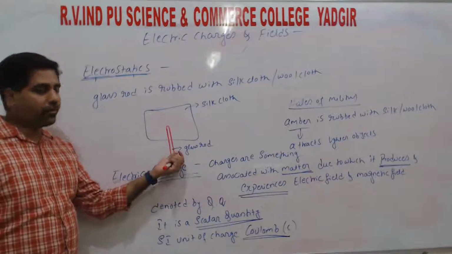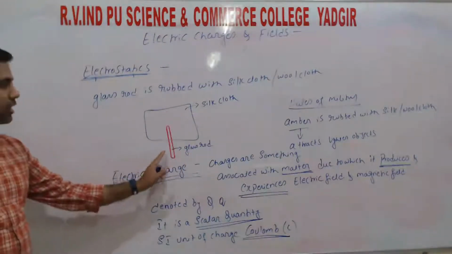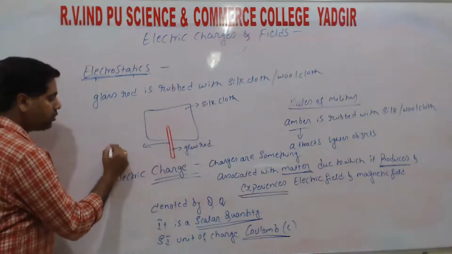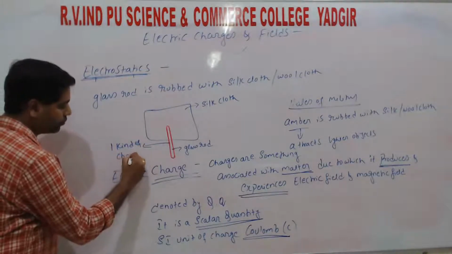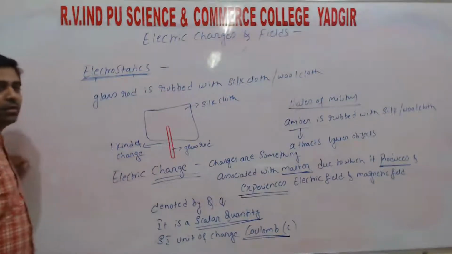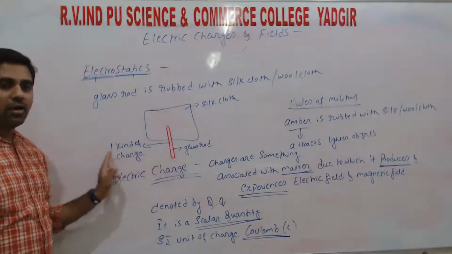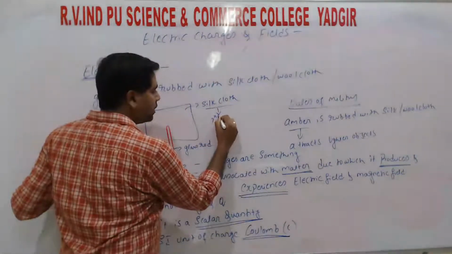The glass rod is a different material and the silk cloth is also a different material. So when the glass rod is rubbed with the silk cloth, the glass rod acquires one kind of charge and the silk cloth acquires the second kind of charge.